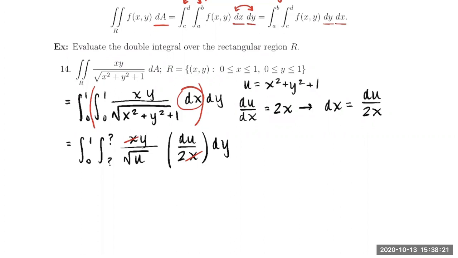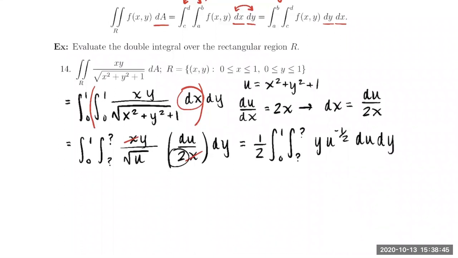Let me just do one more step here, and I'm going to rewrite this. I'm going to pull this coefficient of a 1/2 out front because I can. And then I'm going to rewrite my square root as a y u to the negative 1/2 du dy.